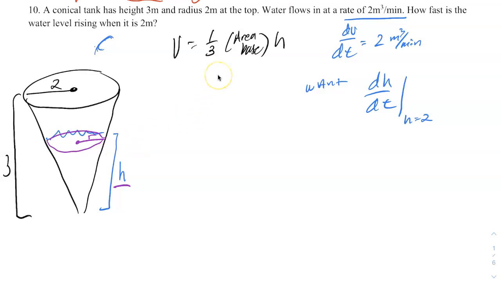So my formula here is actually this. Volume equals 1/3 area of the base, which here would be a circle, pi r squared, times height. That's my formula. Volume equals 1/3 pi r squared times height.